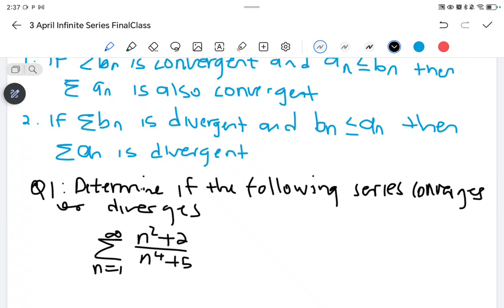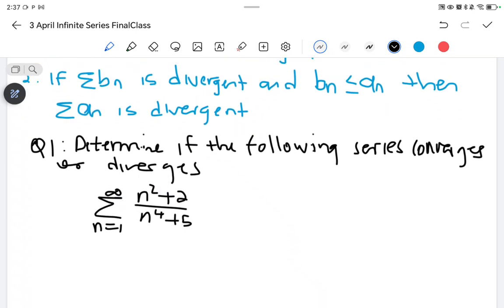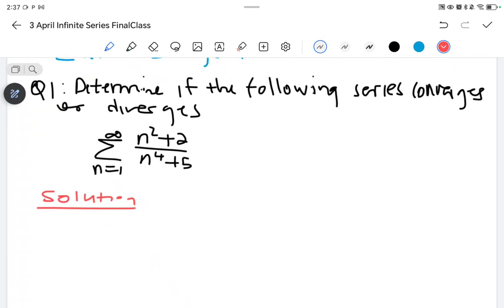First of all, let me write the solution. What we need to do first is let this be a of n. That is the first approach. We let a of n equal n squared plus 2 over n to the 4 plus 5, which is obviously greater than 0.